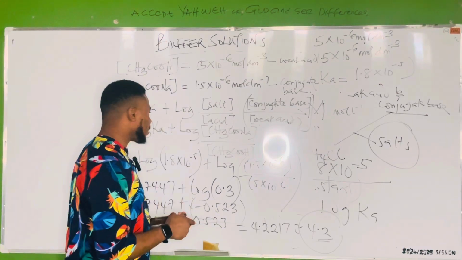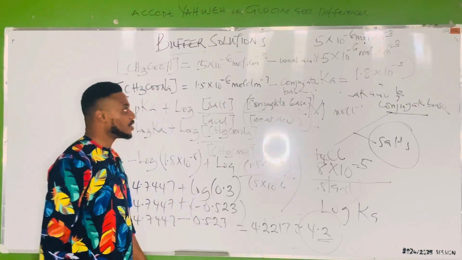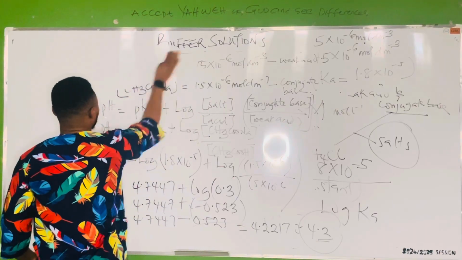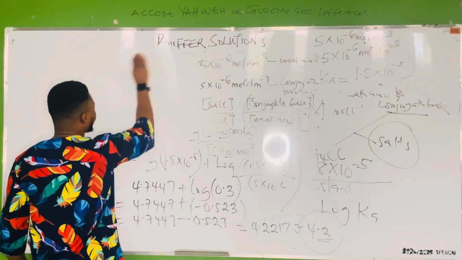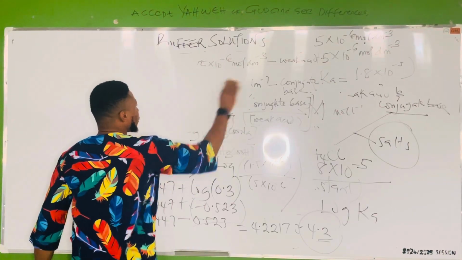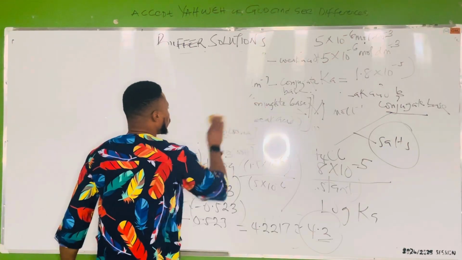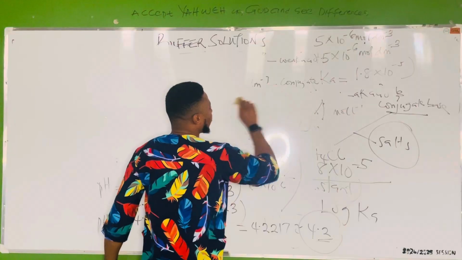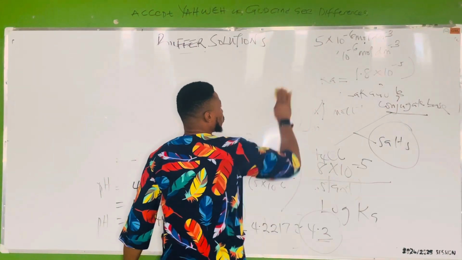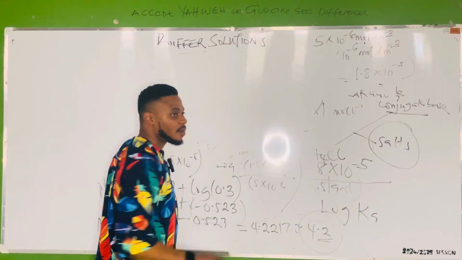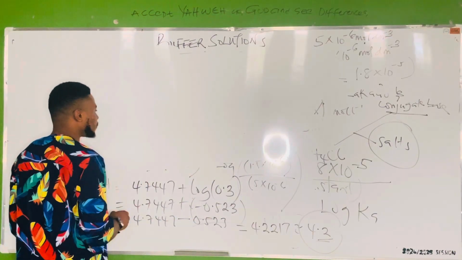All right, so quickly, let's look at another example relating to a base buffer. Please take down: determine the pH of a base buffer containing molar concentrations of 2.5 times 10 raised to power minus 4 and 1.8 times 10 raised to power minus 4 for ammonia and ammonium chloride respectively.